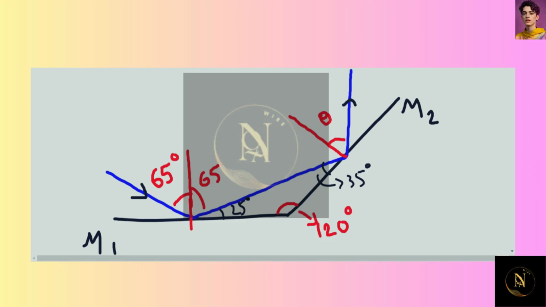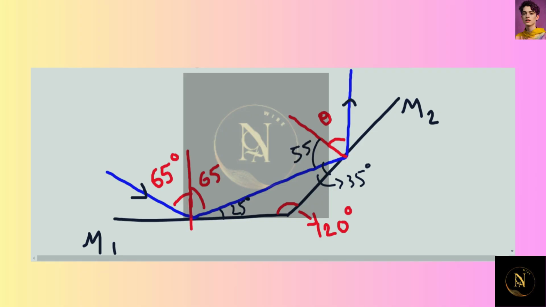Using that, we can again use the fact that this right here is a normal. So this total angle is 90 between the mirror and the normal. So if we subtract 35 from 90, we get this angle, which is 55.